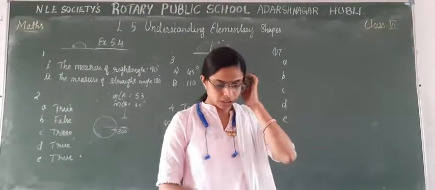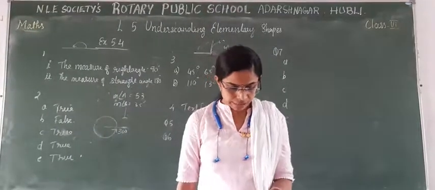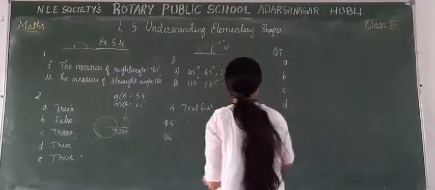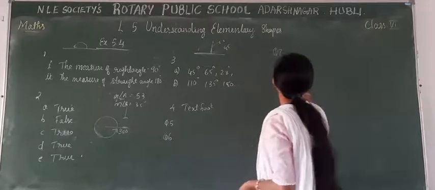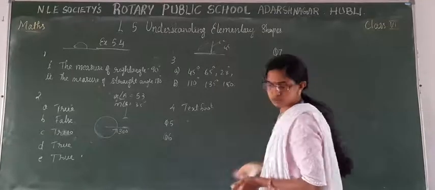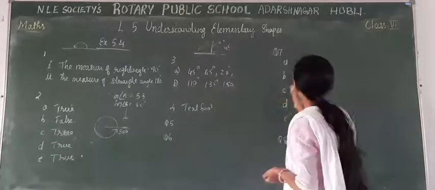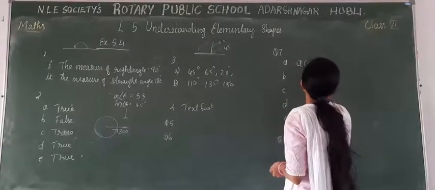So, first statement, an angle whose measure is less than a right angle, it is acute. First one is acute.